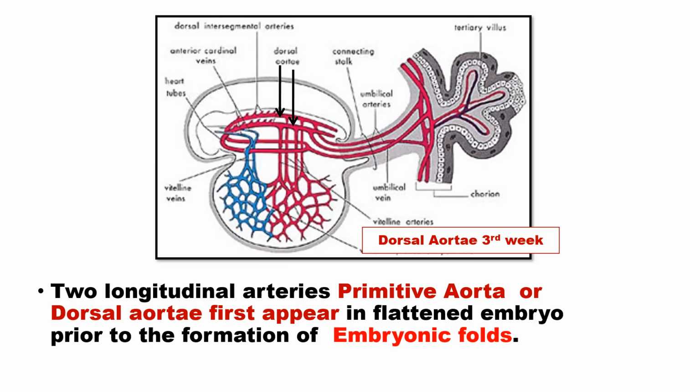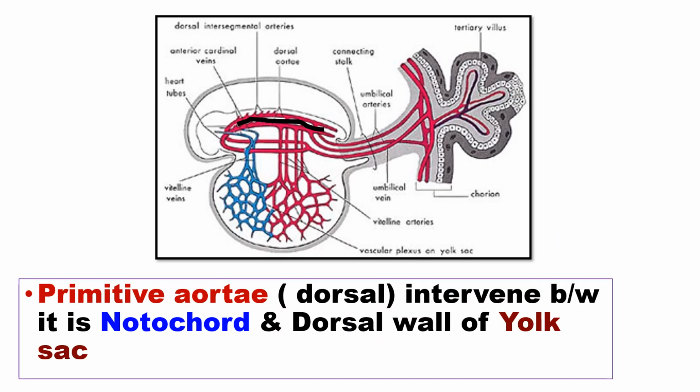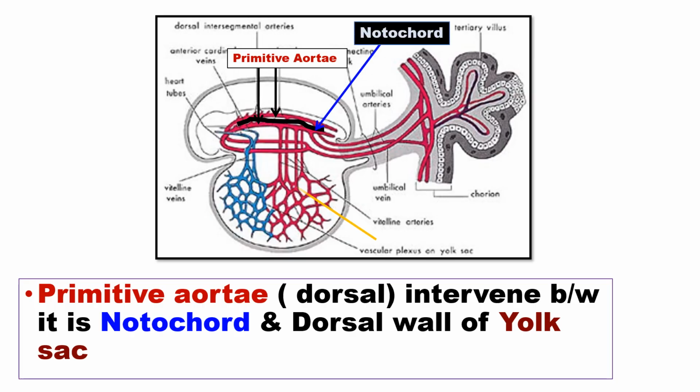Now coming to the development of the dorsal aorta, which is also known as the primitive aorta. A pair of dorsal aortae first appears in the flattened embryonic disc prior to the formation of embryonic folds. The dorsal aorta, or the primitive aorta, intervenes between the notochord and the yolk sac.